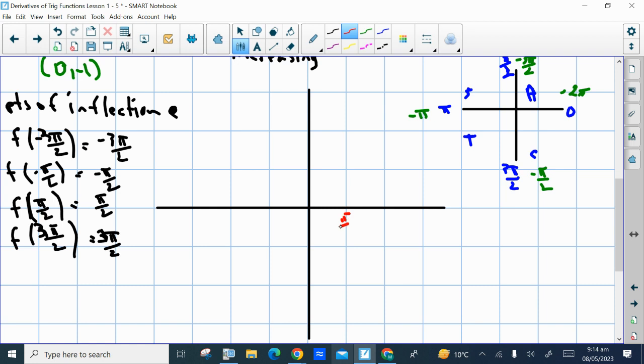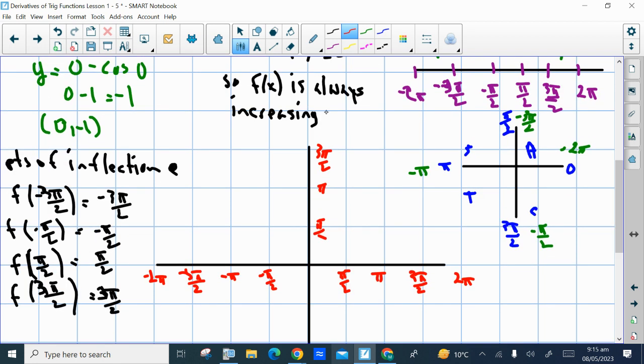So this is pi on 2, pi, 3 pi on 2, and 2 pi, negative pi on 2, negative pi, negative 3 pi on 2, negative 2 pi, that's pi on 2, pi, 3 pi on 2, and 2 pi.